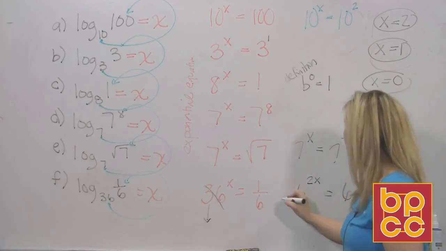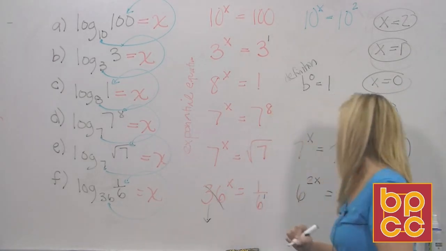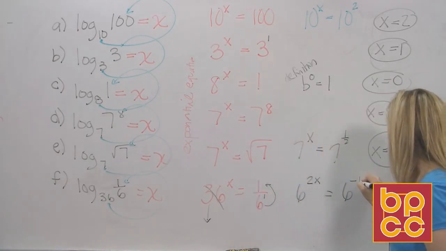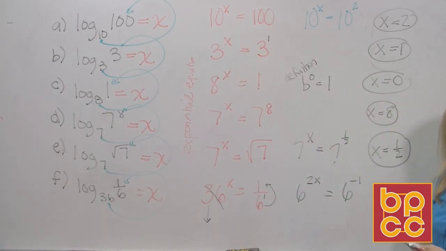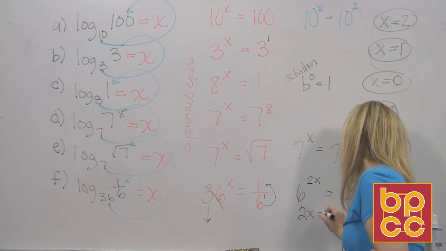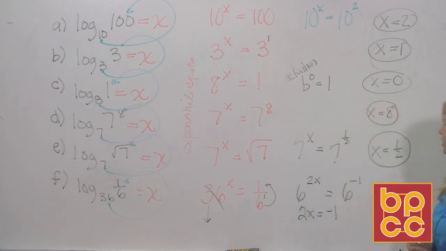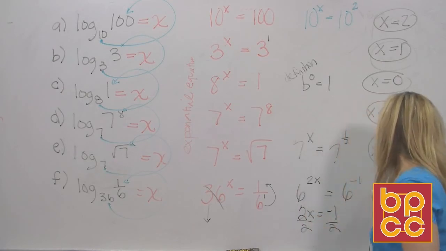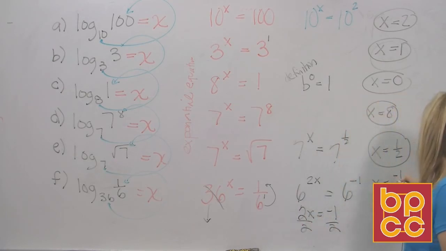There's always an exponent. There's an invisible exponent of 1 on that 6. So when that 6 flips to the numerator, that exponent becomes negative. So we've already talked about that in Module 11. Now, once the bases are equal, the exponents are equal. So if 2x equals -1, we could divide by 2 and get x equals -1/2.